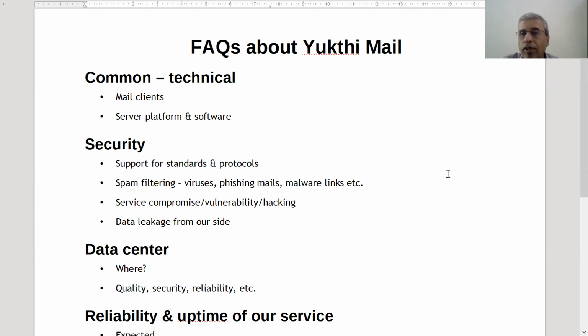We support all of them, and we have included support for all this in our spam filtering modules itself, so that we can handle any incoming mail appropriately. And of course, for outgoing mails, we do have these records, especially DKIM and SPF.